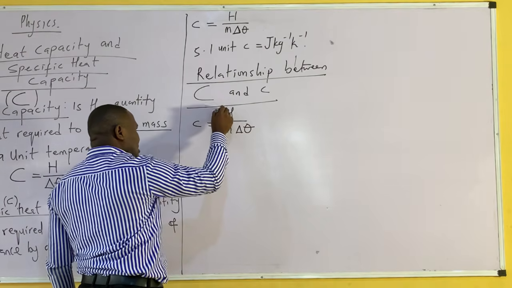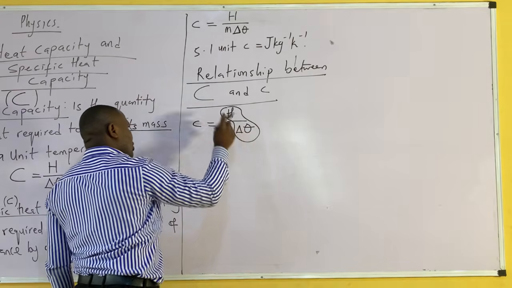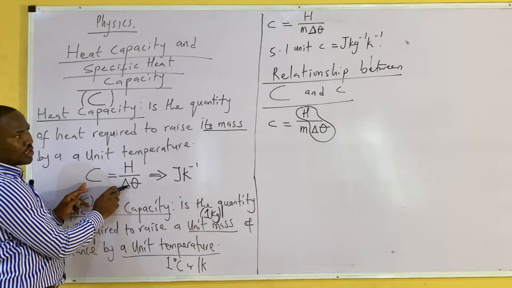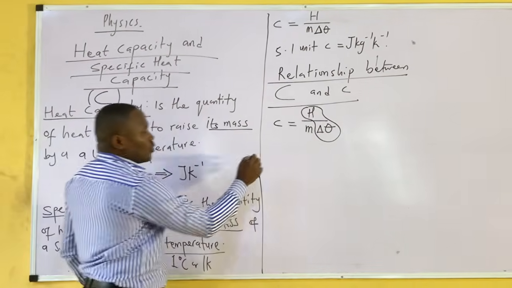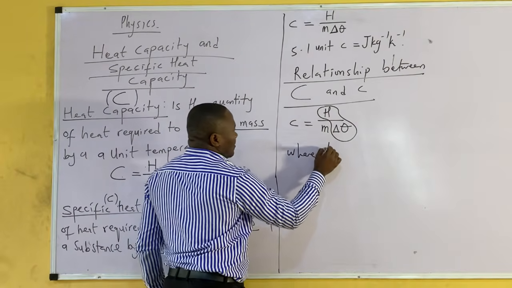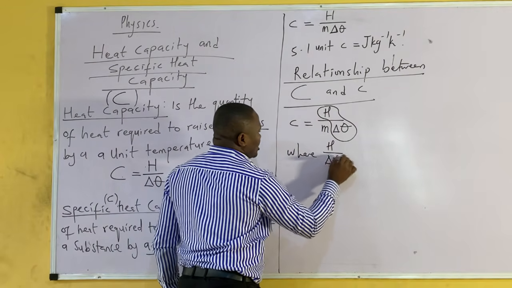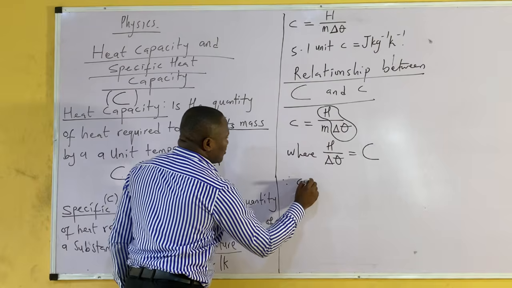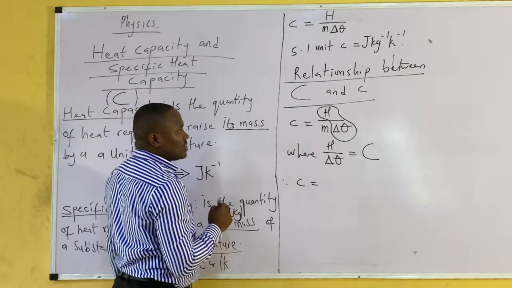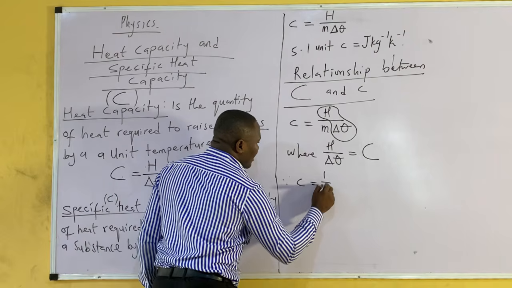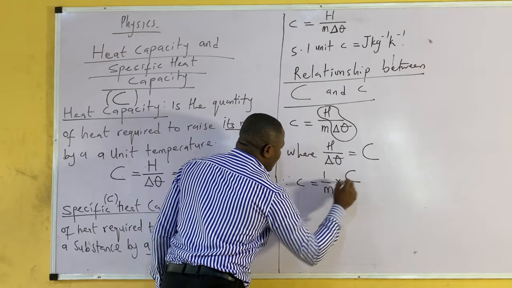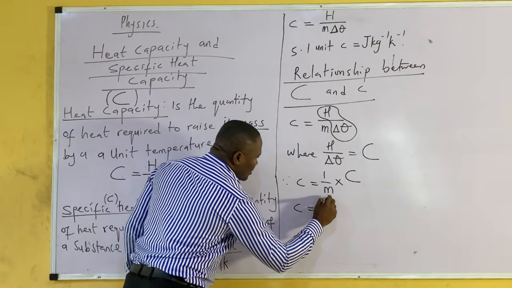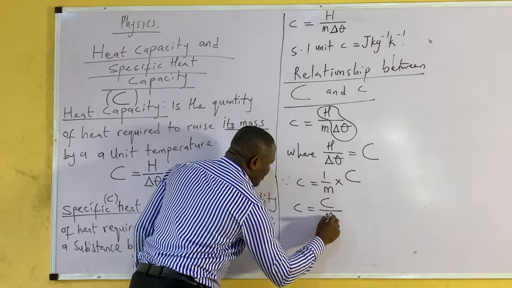If you look at this very well, you will realize that H over change in temperature is big C. So where heat over change in temperature equals big C, therefore small c, which is specific heat capacity, is equal to 1 over m times big C. So it becomes small c equals big C over m.